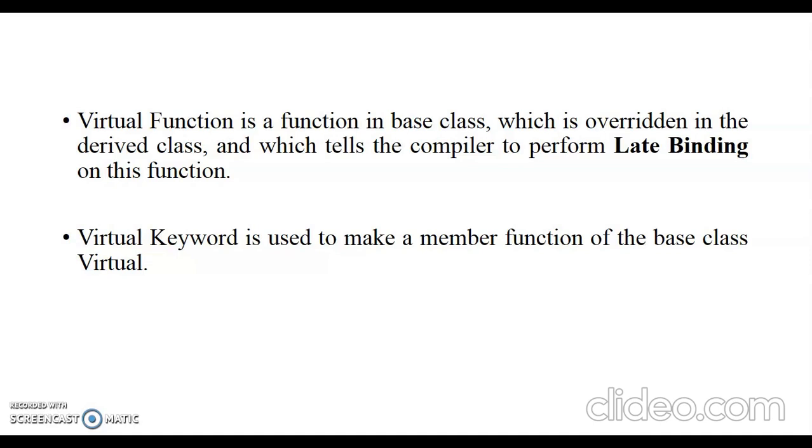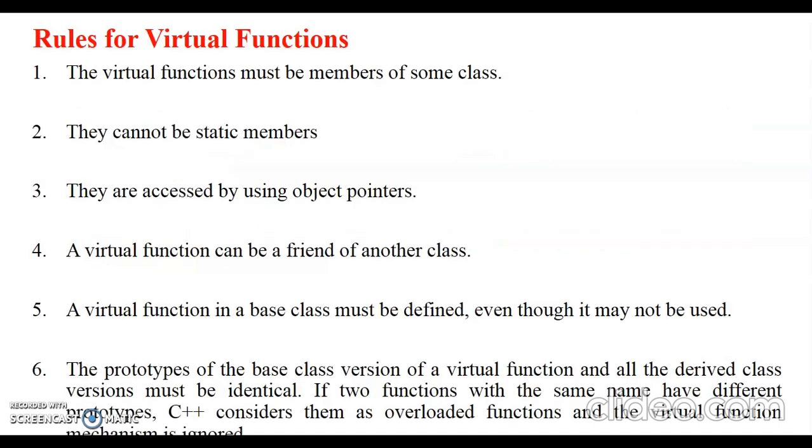How to make a virtual function? The virtual keyword is used to make a member function of the base class virtual. Like we discussed virtual classes with the virtual keyword, similarly, when we define the base class function, we add the keyword virtual to tell the compiler that this is a virtual function.